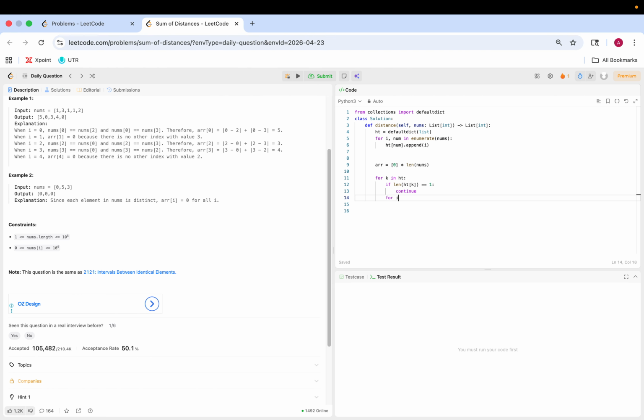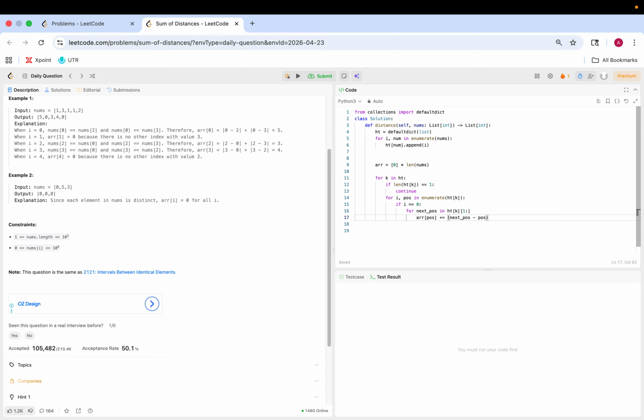For i, position in enumerate ht at k, if i equals 0, then for next position in ht at k from 1 onwards, the array at this position of this particular element needs to add on next position minus position.